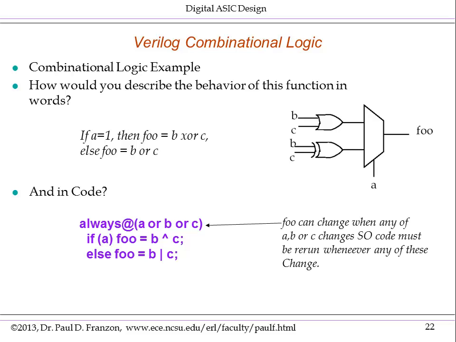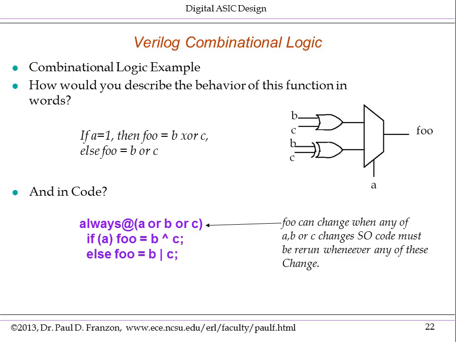What this means is the execution of the following code is triggered when any of A or B or C change in either direction. When you think about it, that is also the behavior of any combinational logic. When does foo get reevaluated in that diagram in the top right? Whenever any of A or B or C changes.